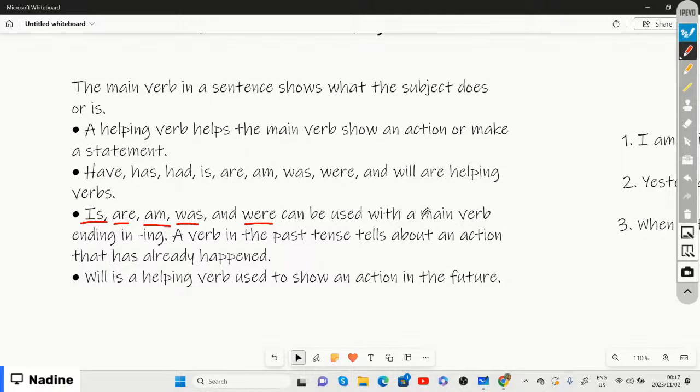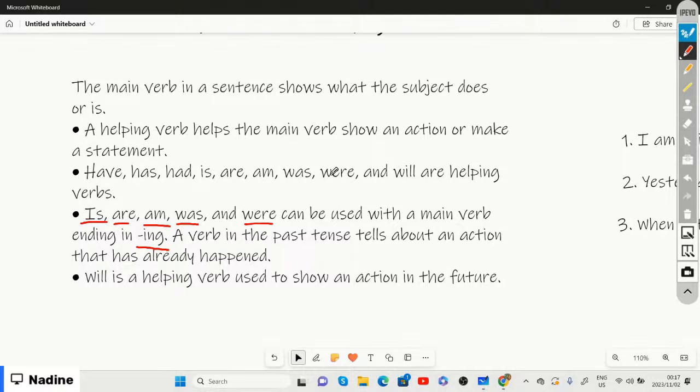They are mainly used with the main verb that ends in ing. Like our word thinking, for example, right? So it means that am is the word that was used in front of that main verb, which was thinking.